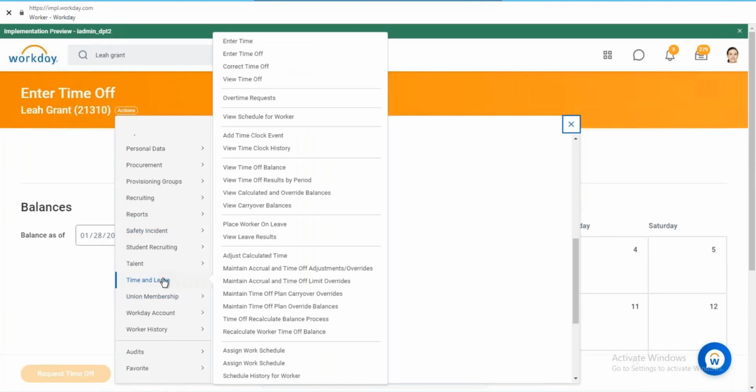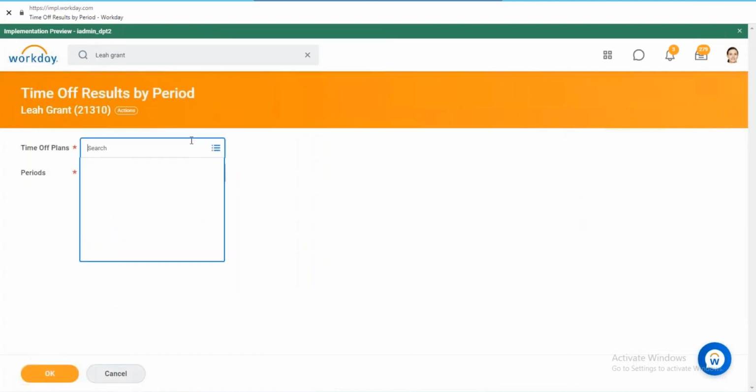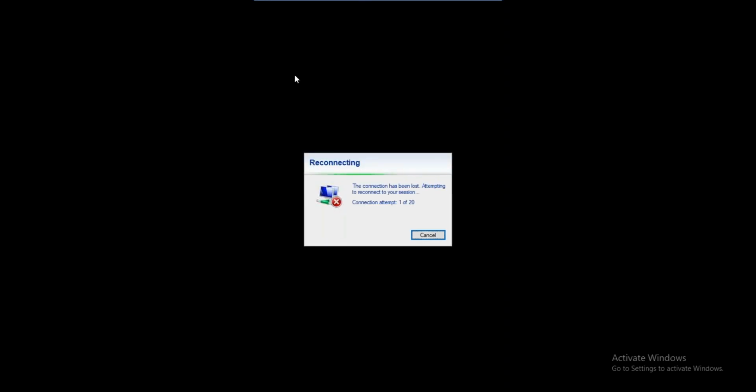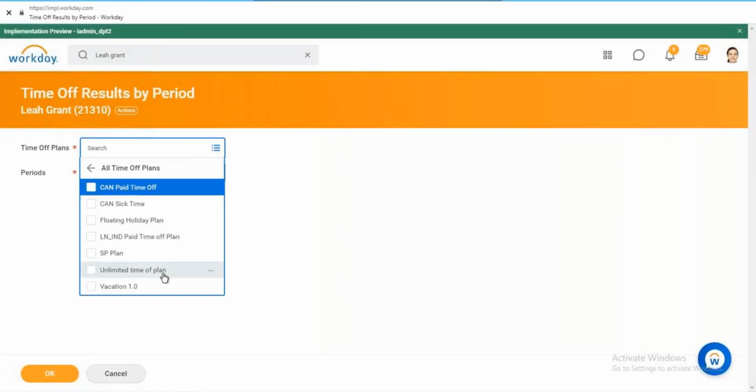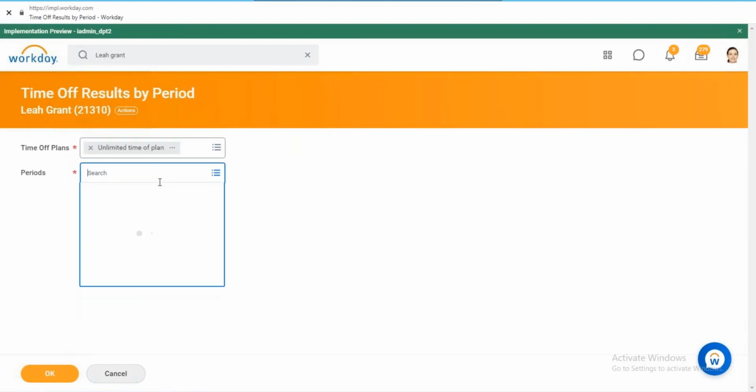View time off results by period. We'll see for December, all time off plans, limited time off plan periods, the whole 2020.